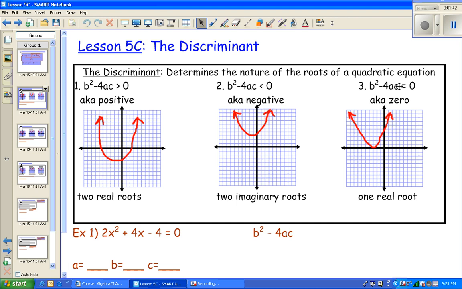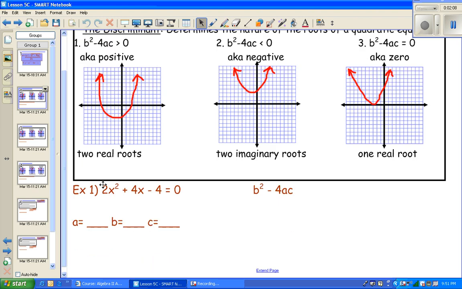And then if your discriminant works out to be 0, then that just means it will hit at the vertex, meaning it's only going to have one solution and bounce off from the vertex. So the discriminant tells you whether you should have two real solutions, two imaginary or no real solutions, or one real solution.